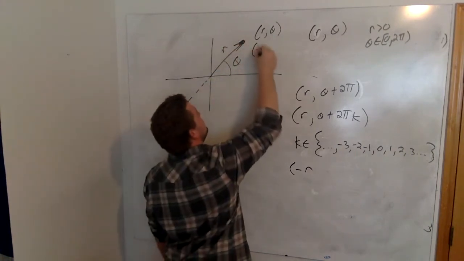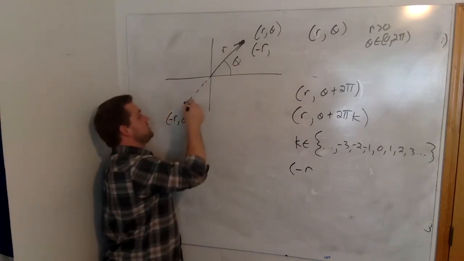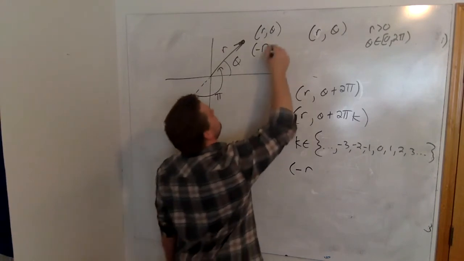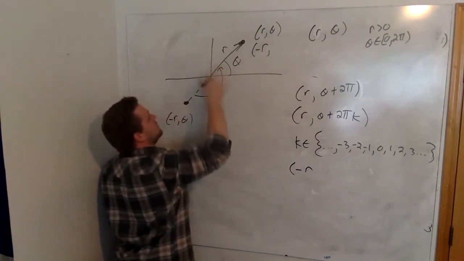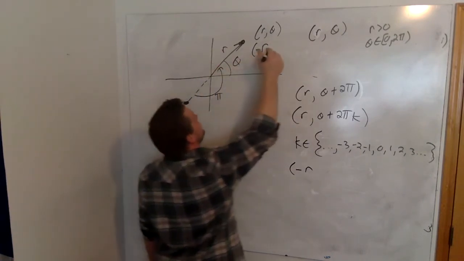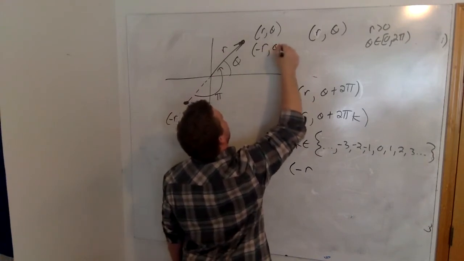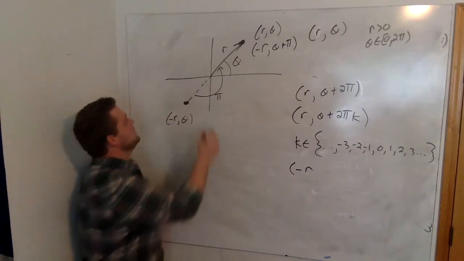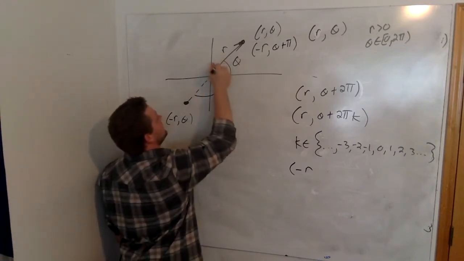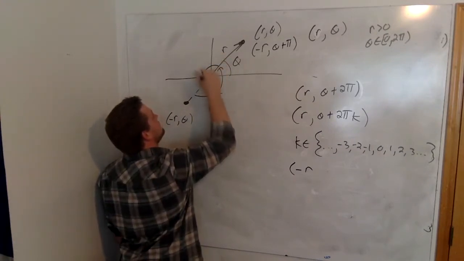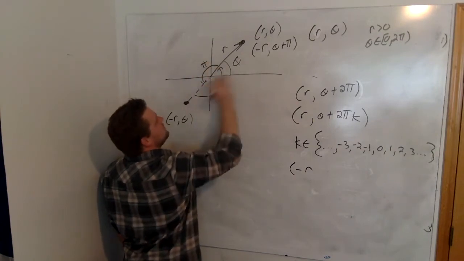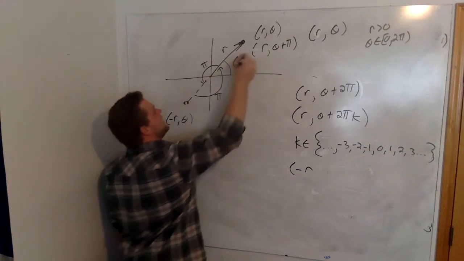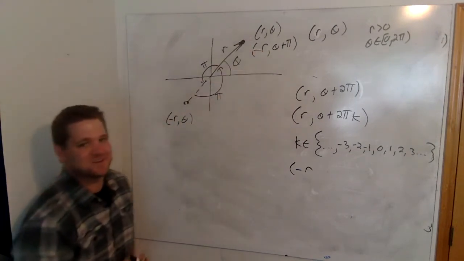So an equivalent spot is a negative radius, but then move an extra pi, so this would be theta plus pi. If it was a positive radius, that would put us right here, but making it negative reflects us back there. You can think about it that way also.